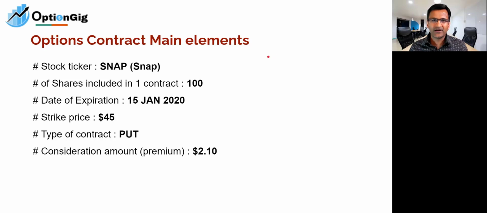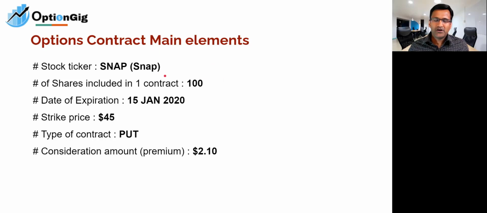You could have a different one, but irrespective of what trading platform you are on, what brokerage you are working with, every option contract will always have at minimum these elements. Number one, the contract will define what stock we are talking about. Which house are we insuring? What's the house address? Is it Snap? Is it Facebook? Is it Google? Is it Caterpillar? What stock are we insuring against?